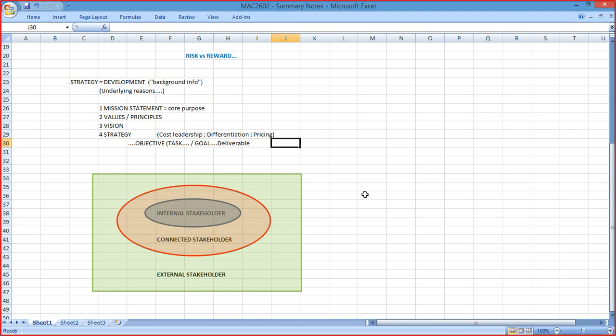So your staff, your managers are doing a great job. It creates a great environment within your company or within your business. Everybody is productive. Suppliers are able to do business well with you.